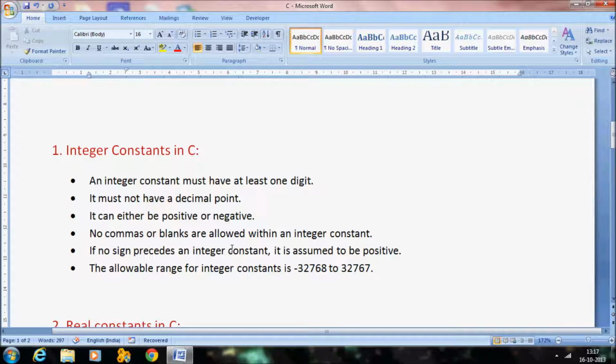No commas or blanks are allowed within an integer constant. While declaring an integer constant, there should not be any blank or any commas.